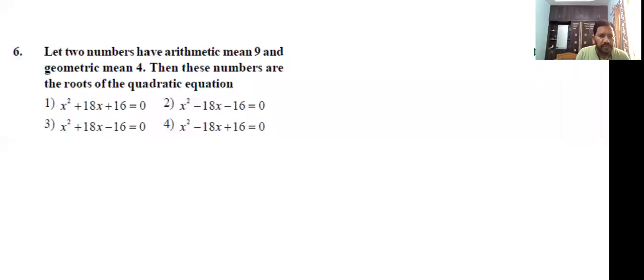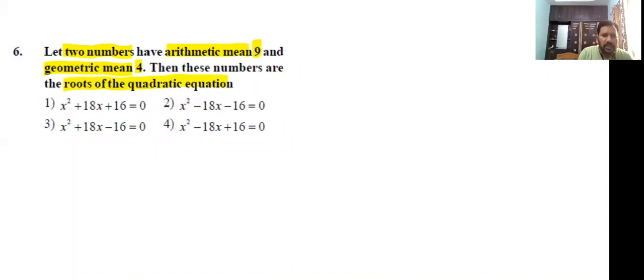Next question. Let two numbers have arithmetic mean 9 and geometric mean 4. Then these numbers are roots of which quadratic equation?